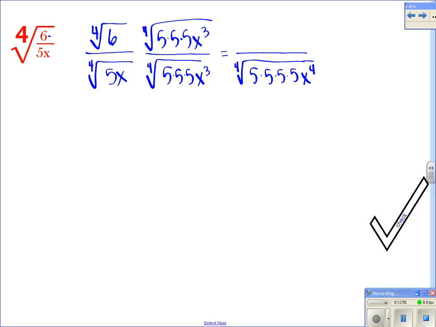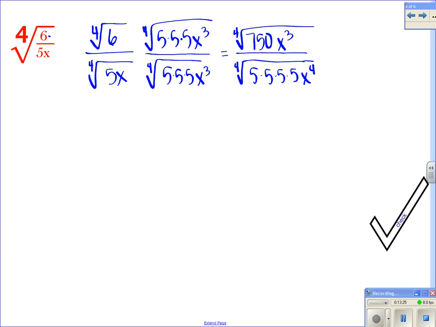Okay, on the top, if we put those together, is there anything we're going to be able to take out of the root? Are there any groups of 4 anywhere? On the top, the 6 is a 2 and a 3, and then we've got 3 5s. So there aren't any groups of 4 that we can take out here. So let's actually multiply the 5 times 5 times 5 times 6, which I believe is 750.